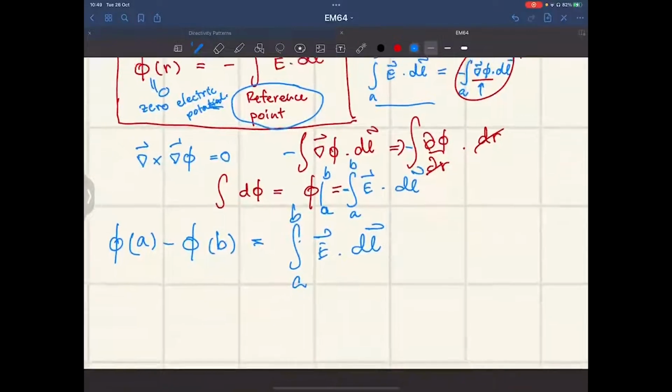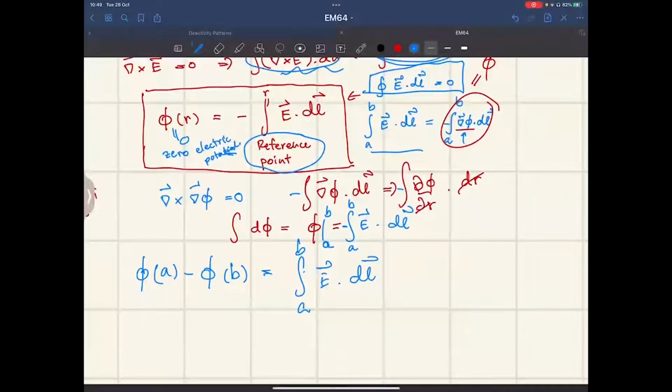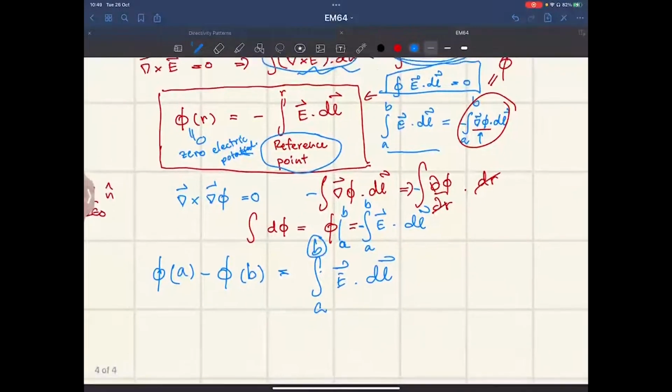Okay, so let me draw a picture here. At point B here, point A is here. It's better this way.